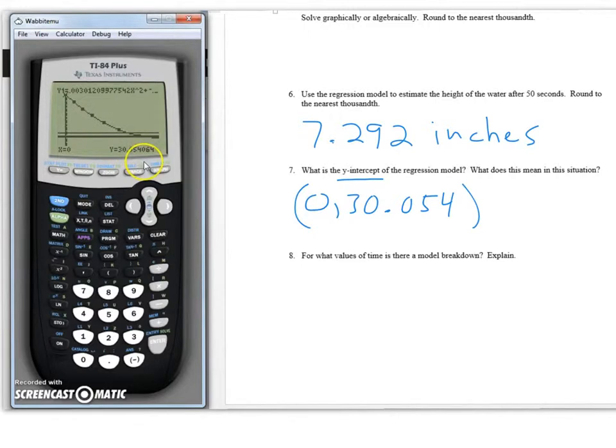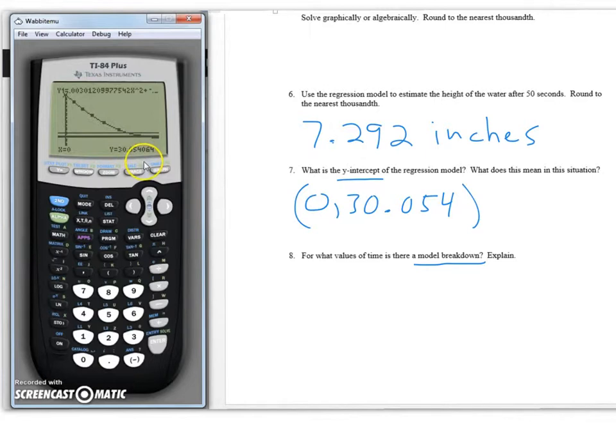Now number 8 asks us, for what values of time is there a model breakdown? Now a model breakdown is when the model gives unreasonable or even impossible results. In this case, it would be impossible for the water level to be negative, and it also would be impossible for the water level to start rising again because the tank is being drained.